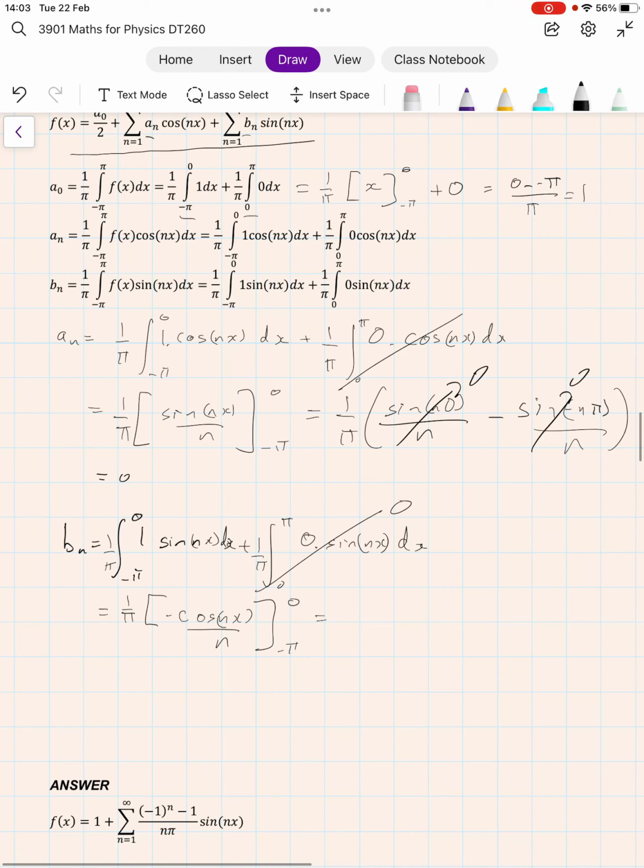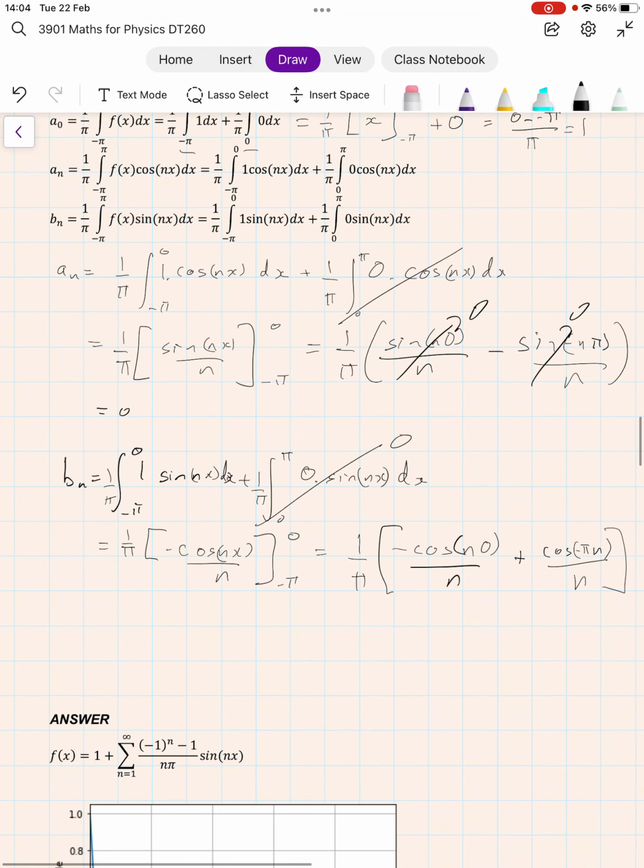And so that's equal to 1 over pi, minus cos n0 divided by n, minus minus, which is plus, cos minus pi n divided by n. And this is equal to 1 over pi.